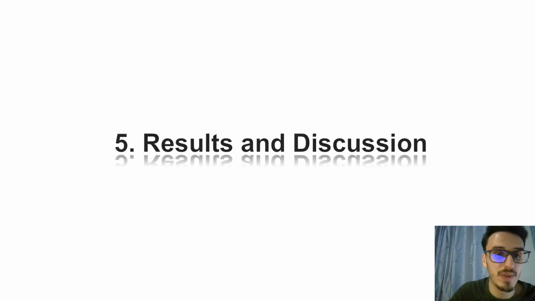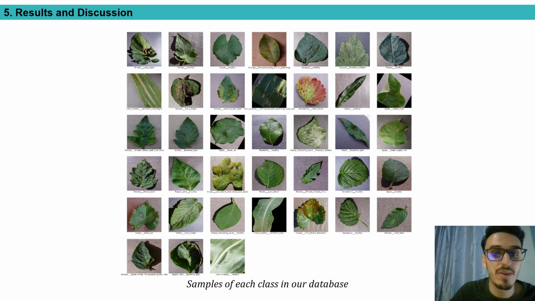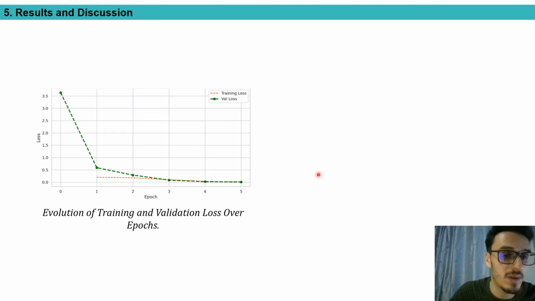So, the results. Here you can see some sample images from each class in our database, with the class name displayed below the images. Here is the graph of the evolution of training and validation loss over epochs.